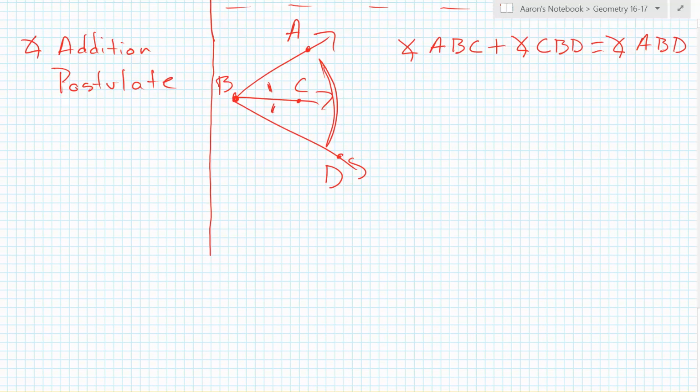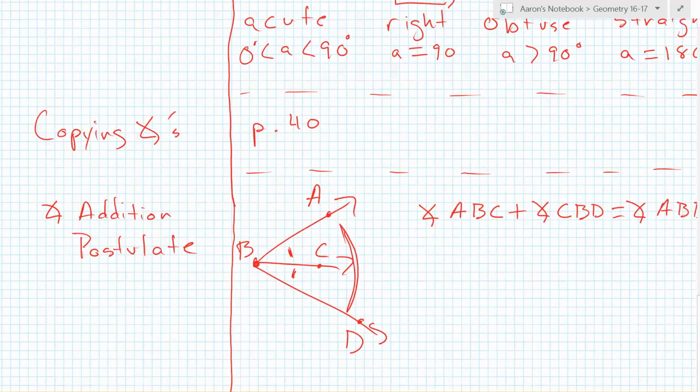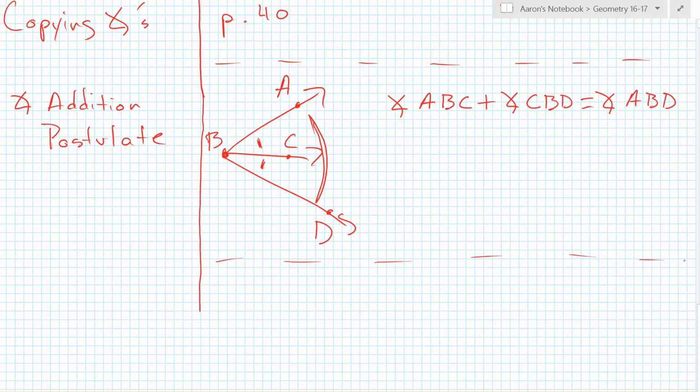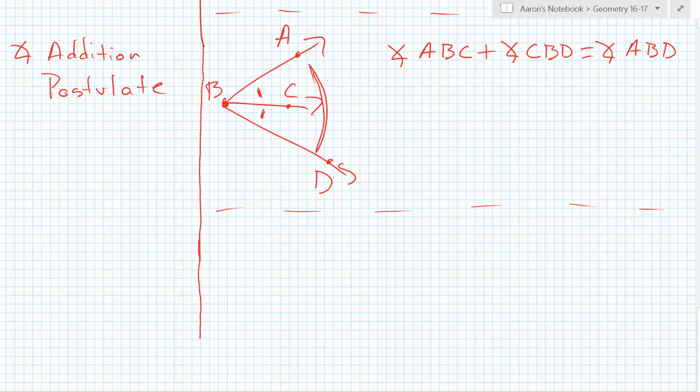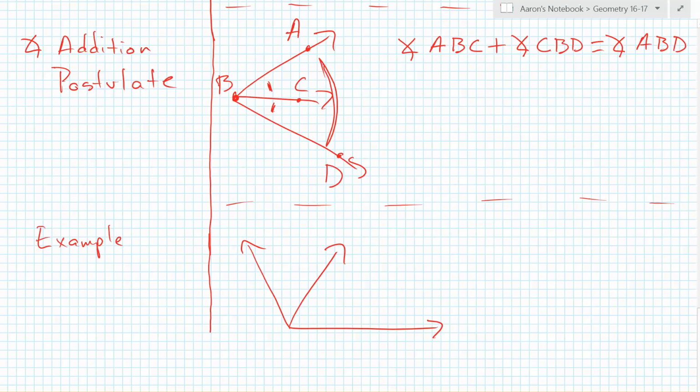Let's do an example with this really quick. So let's say that we have a set of angles like this: K, L, M, and N. And we will say, for the sake of argument, that LKM has a measure of 2x plus 10 degrees.